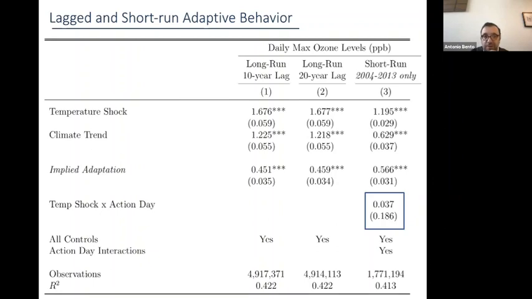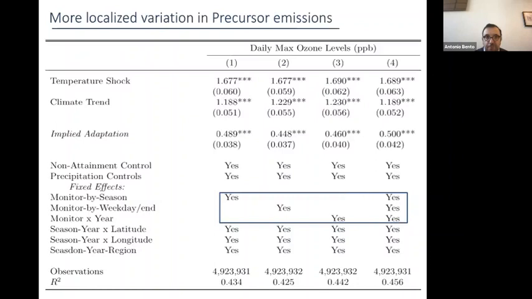And so one of the things that we did was we collected all the information on the action days for ozone, and basically, when we include that in the regression, the point is that they, again, do not alter the main effect. Neither do they alter the decomposition of the trend and the shock.